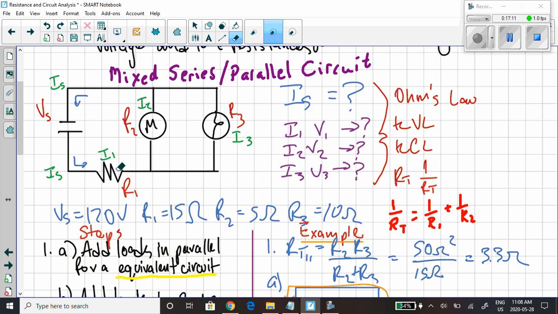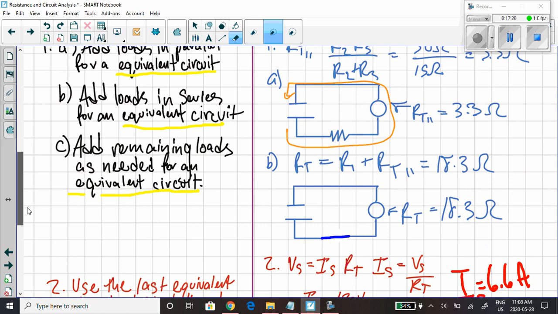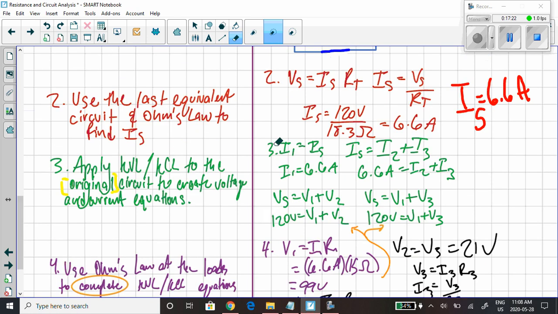It's still going through here. It's still the same current. So the first equation we can write is current through the source is equal to current I1. And that's one of the equations here. Look, I1 is equal to I source. So therefore, I1 is 6.6 amps. Wow, look, we have just calculated what I1 is, 6.6 amps.